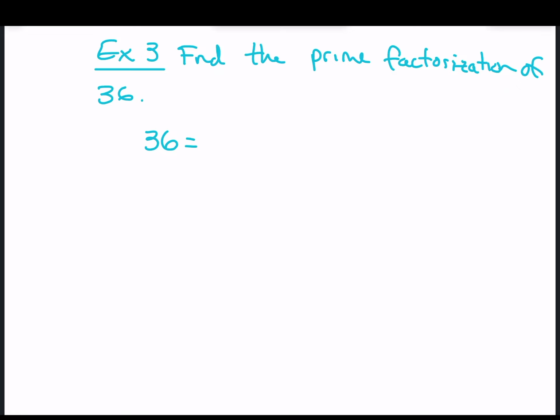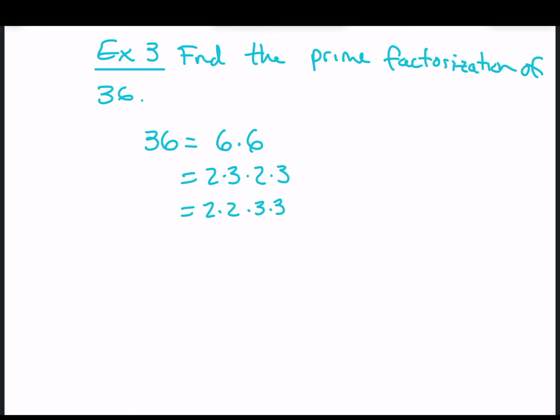Well, let's first break it down into a product that we know. 36 is 6 squared, so it's equal to 6 times 6. Is 6 a prime number? Well, no, 6 is not a prime number. So we can further break that down. 6 is the product of 2 and 3. So we can write both of those as 2 times 3. Well, 2 and 3 are prime numbers. So we can rewrite that as 2 times 2 times 3 times 3.